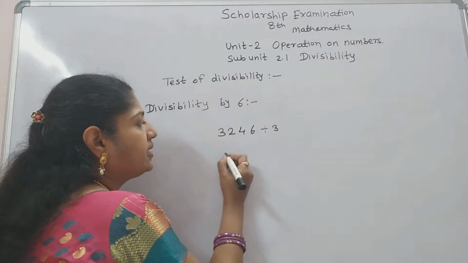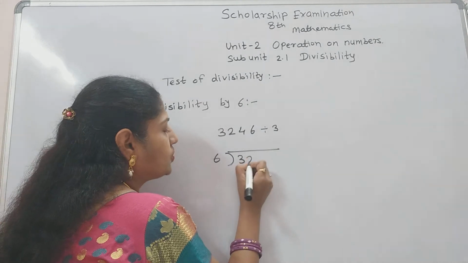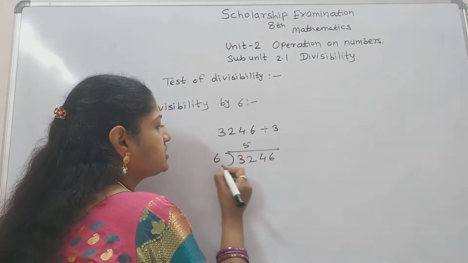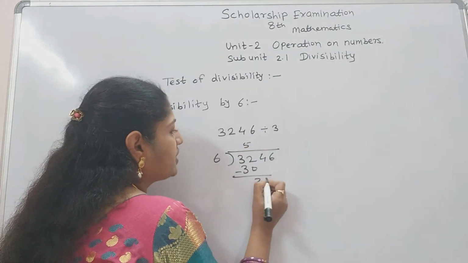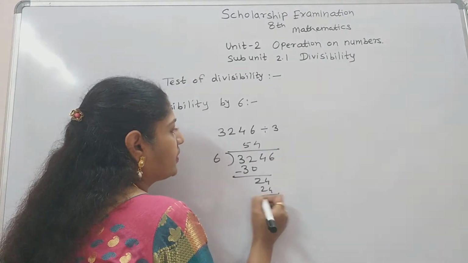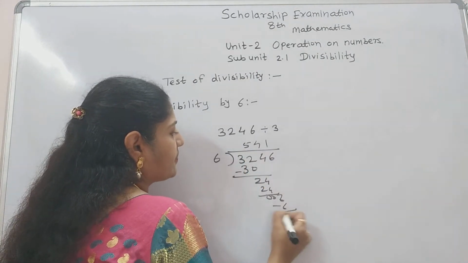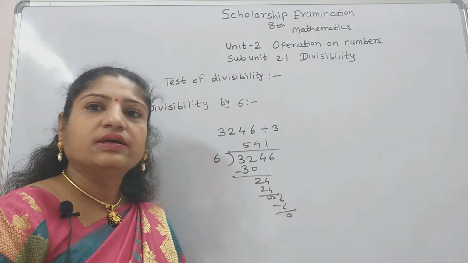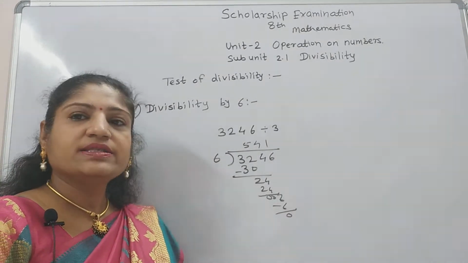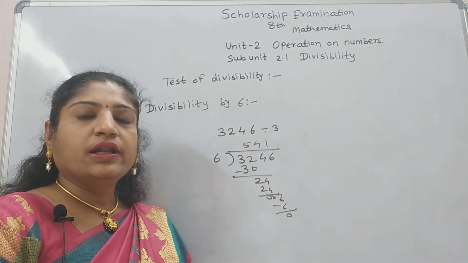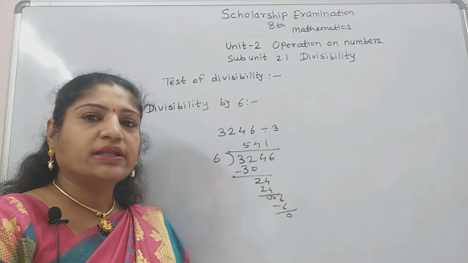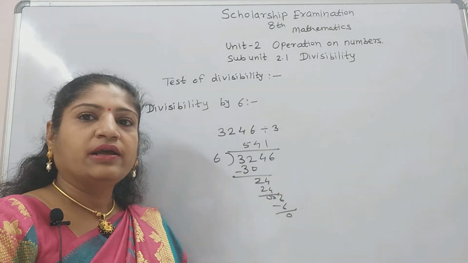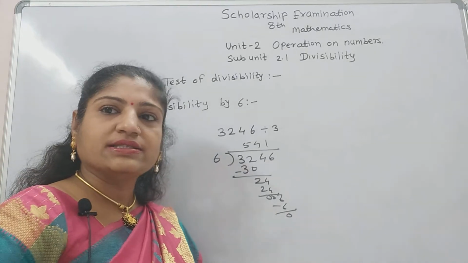So this number is divisible by 6 also. 6 5s are 30, 6 4s are 24 and 6 1s are 6. What is the test for divisibility by 6? If the number is divisible by 2 and 3, then the number is divisible by 6 also.